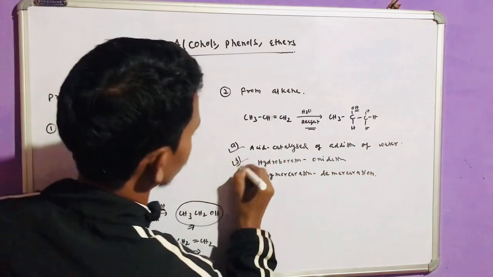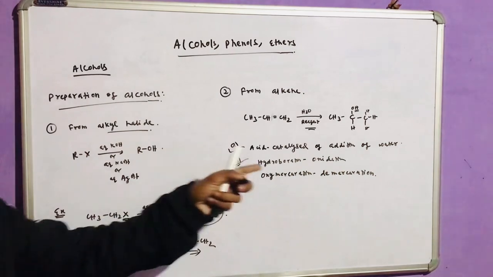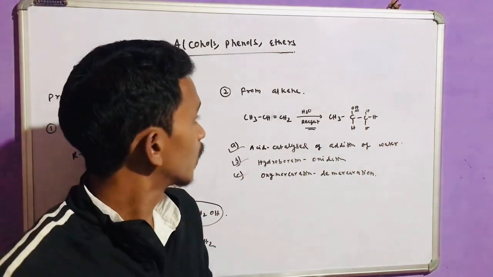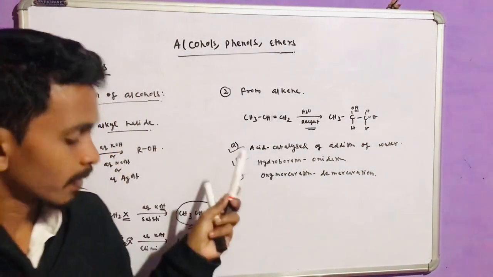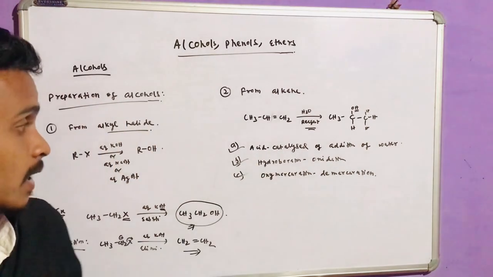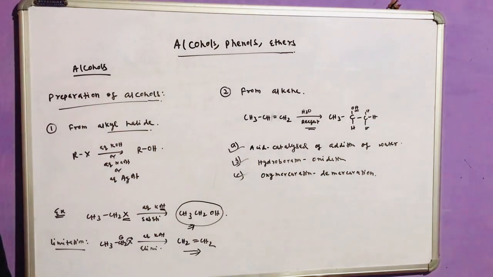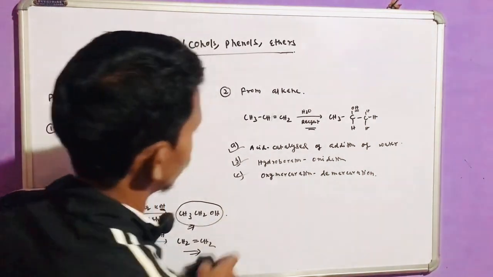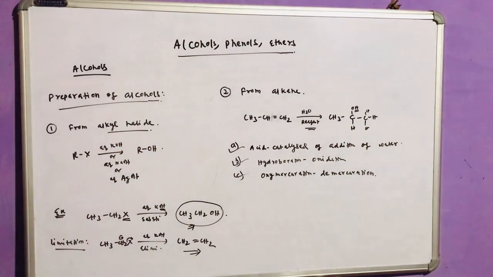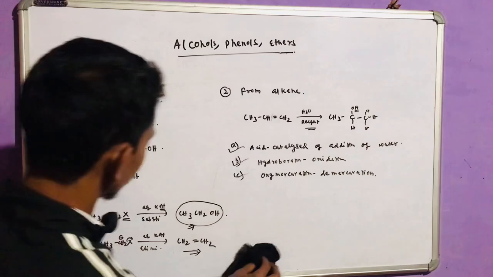So these are the three processes by which we can synthesize alcohols from alkenes. First we will study acid catalyzed addition of water, and then we will discuss hydroboration oxidation, then oxymercuration demercuration.